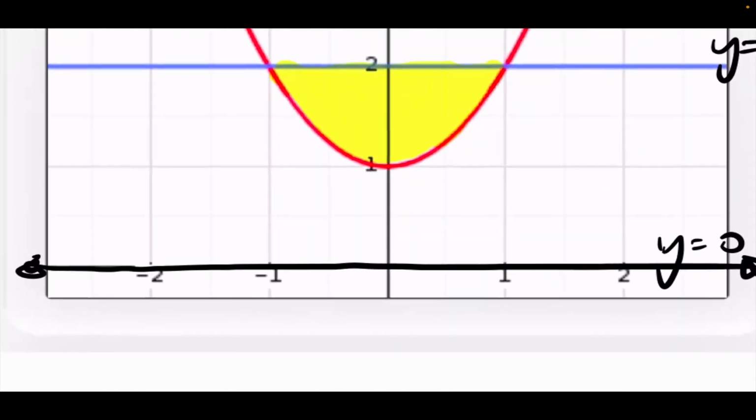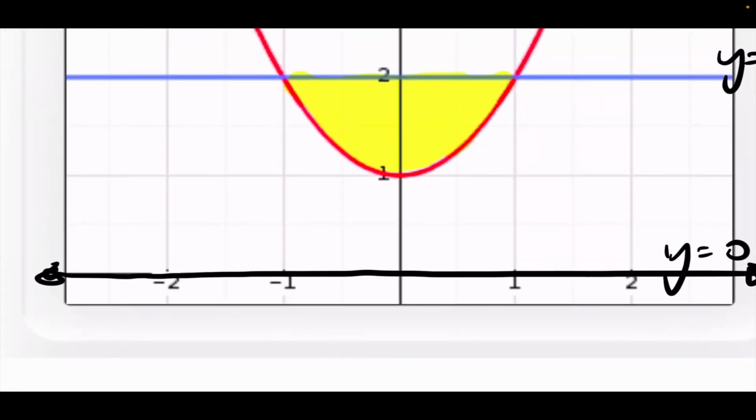The top of the yellow is the blue line, right? So let me pick another color. From here, I'm going to draw a straight line to the axis of revolution, to here. That's capital R.